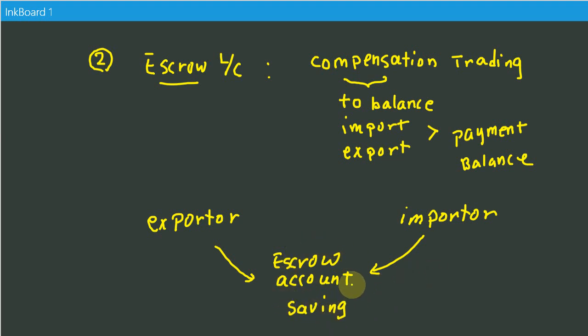Only this money is used to pay the payment, so the balance of the payment is complemented. Understand this one?